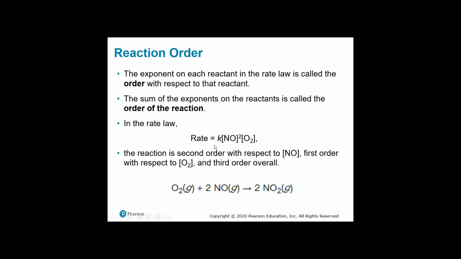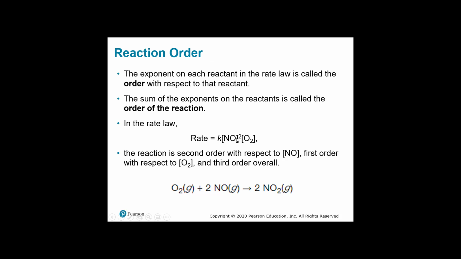So in this rate law, we have the rate, we have the rate constant, and we have the concentration of nitrogen monoxide. The reaction is second order with respect to the concentration of nitrogen monoxide, first order with respect to oxygen, and third order overall, because there's a 1 here that by default we don't say.